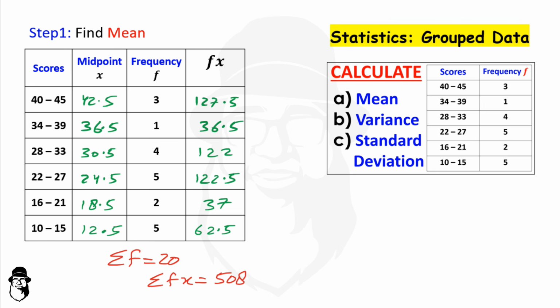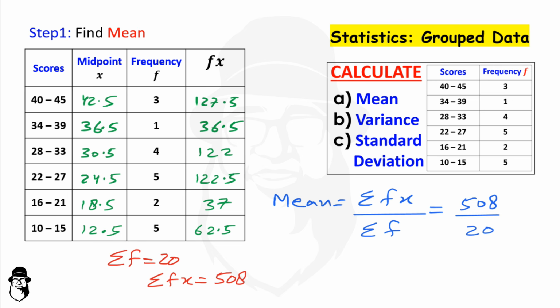When we calculate the mean, the formula is we put this value in the numerator, that is sigma fx, over this value in the denominator, sigma f, and we have both the values, 508 and 20.